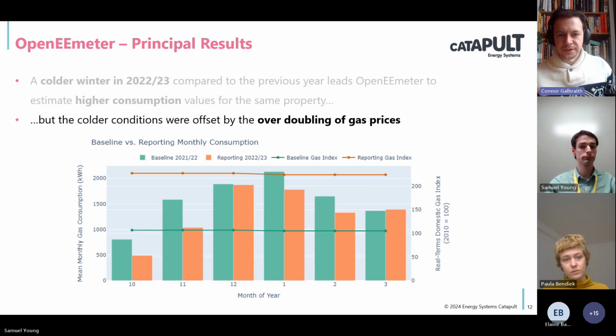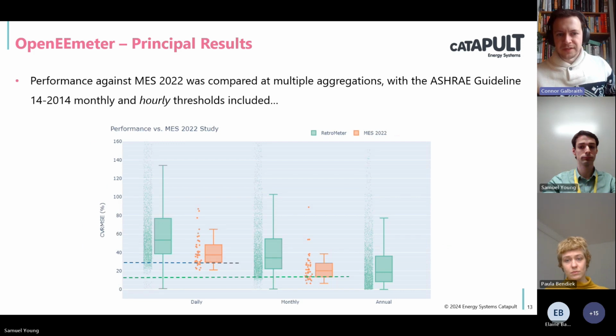So on the next slide, we look at the error over all the properties when aggregated to a daily, a monthly, and an annual level. And just for comparison, we have here in orange as well the results from the Metered Energy Savings 2022 project, which used a much smaller cohort of properties, but crucially did not include the winter with the gas price increase.